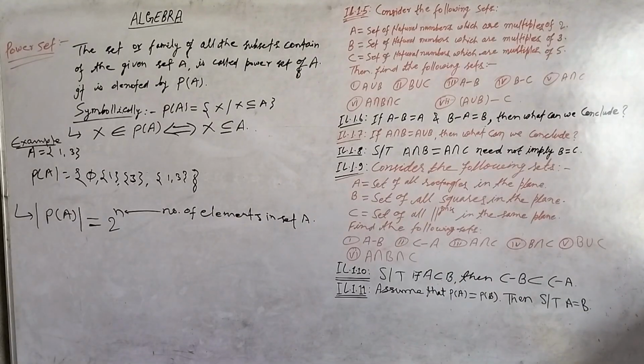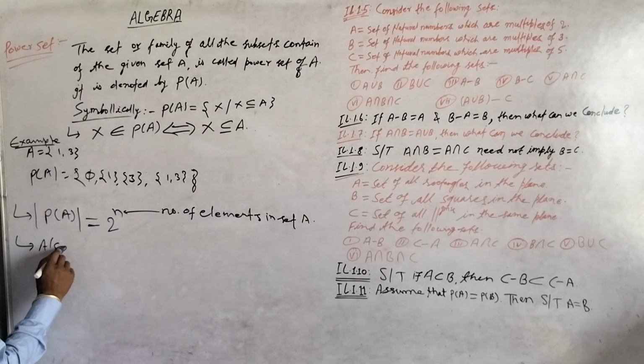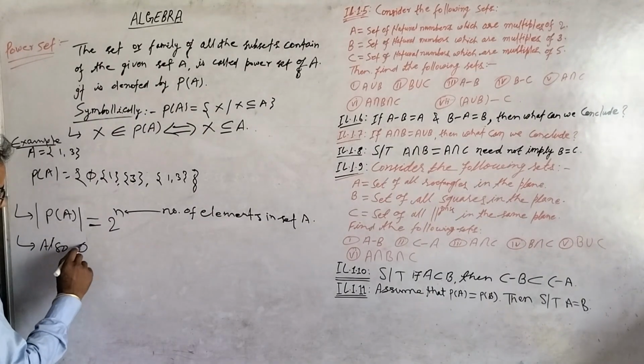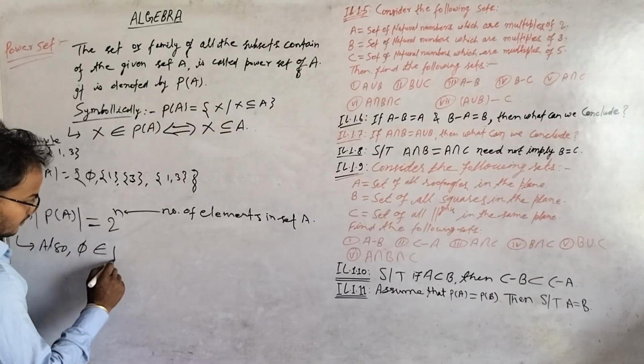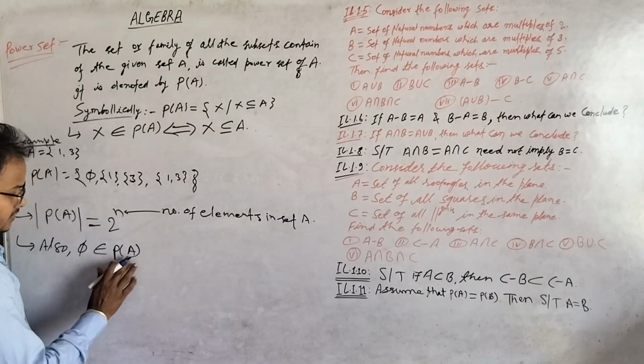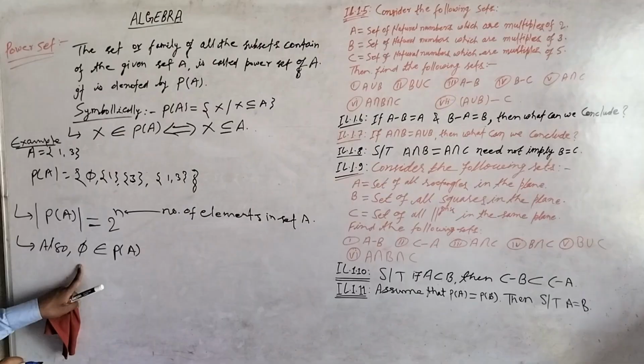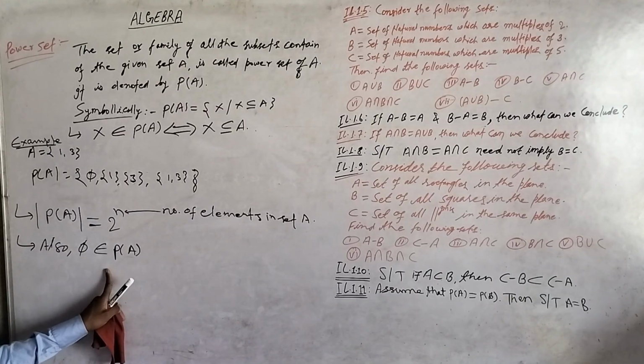Next, one more point is mentioned here: phi belongs to the power set of A. This is a universal truth for all sets.